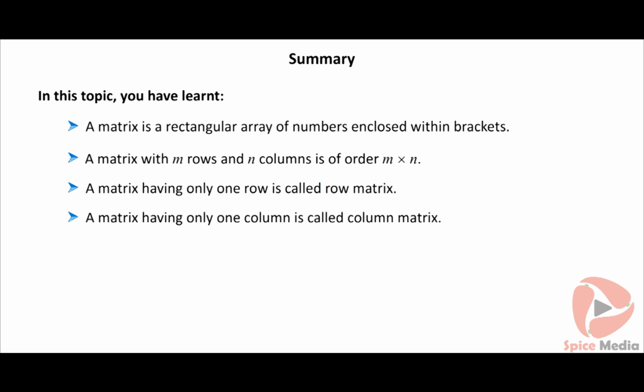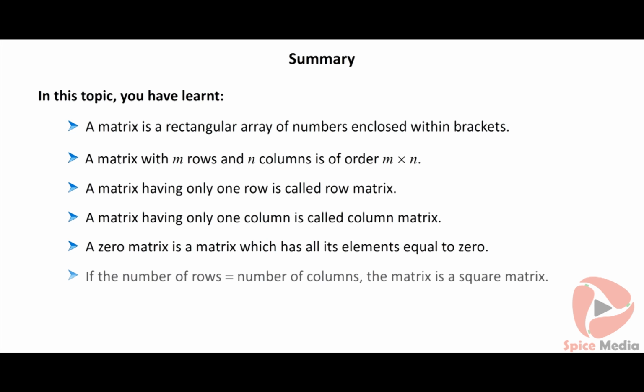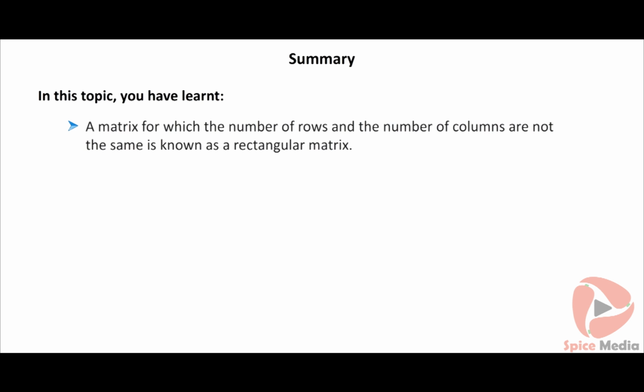In this topic you have learnt, a matrix is a rectangular array of numbers enclosed within brackets. A matrix with m rows and n columns is of order m by n. A matrix having only one row is called a row matrix. A matrix having only one column is called a column matrix. A zero matrix is a matrix which has all its elements equal to 0.